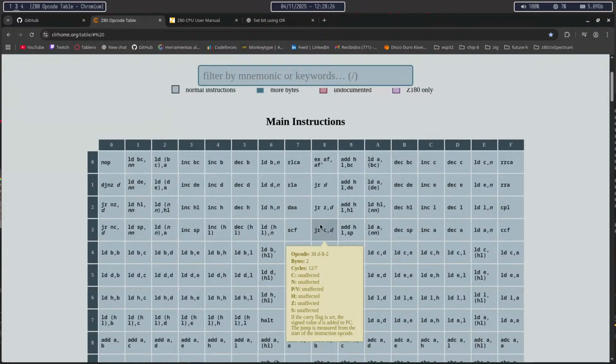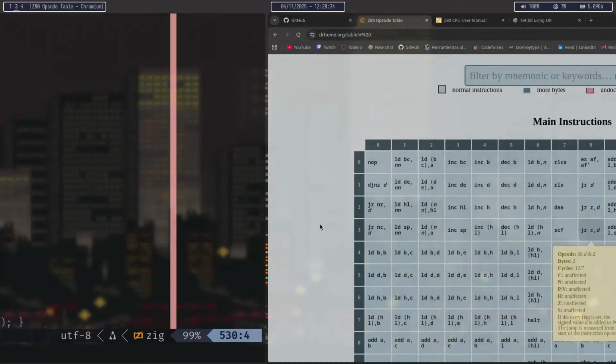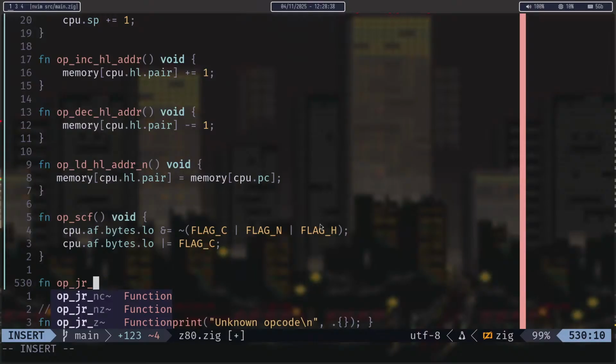If the carry flag is set, the signed value D is added to PC. The jump is measured from the start of the instruction opcode. Right. If not, jump C. That's basically it.